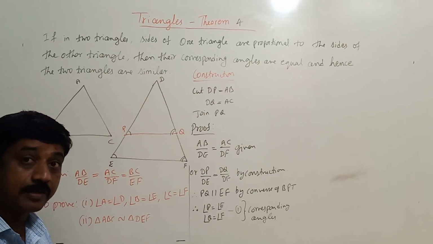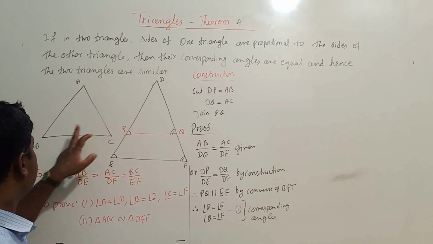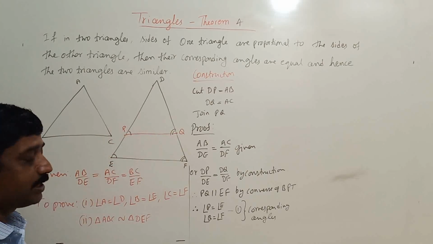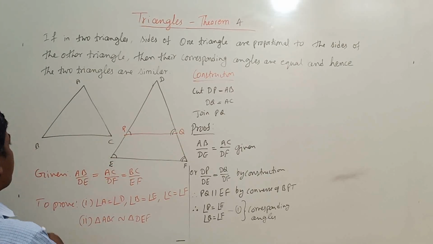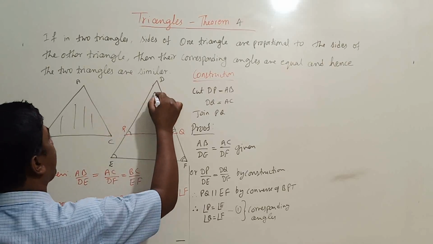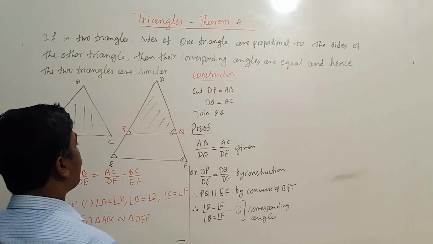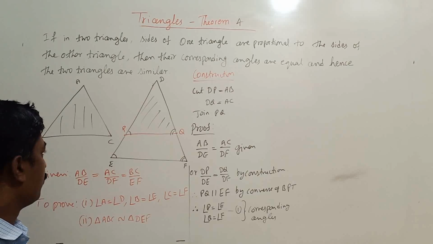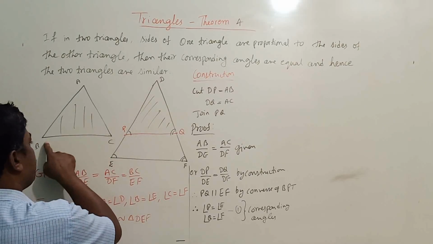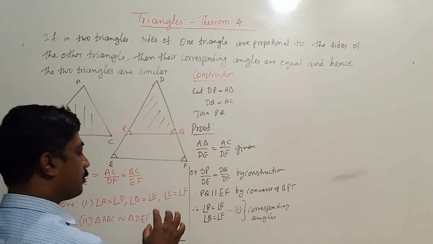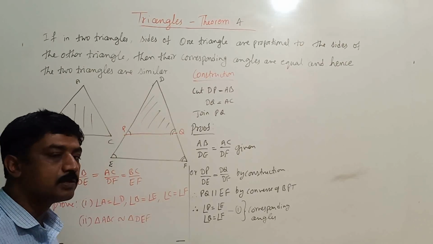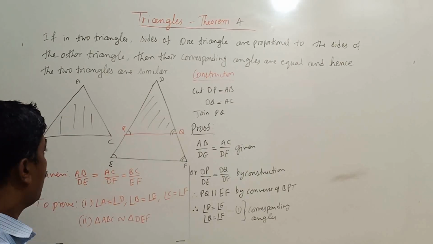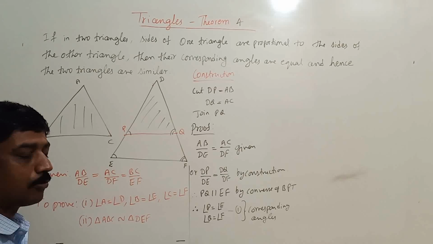Now question comes here. How do you prove that P is equal to B and Q is equal to C? How can you prove? When you prove that this triangle and this triangle are congruent. When these two triangles are congruent, then B is equal to P, C is equal to Q. Prove that, the problem is solved. How to prove that these two triangles are congruent?